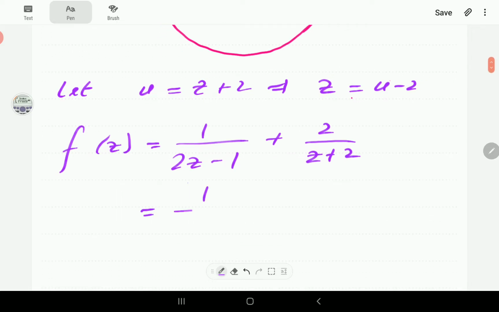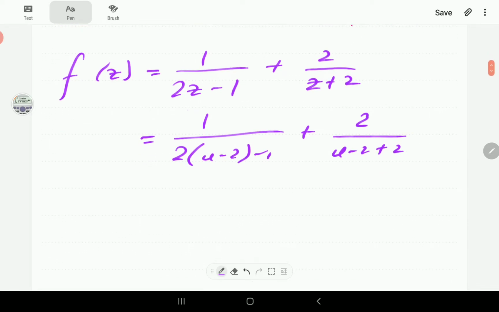So this is going to be 1/2 into u minus 2 minus 1. And the second one is going to be u minus 2 plus 2. So, well, the second one is just going to be 2/u, which is already in powers of u, because that's 2u to the power -1.